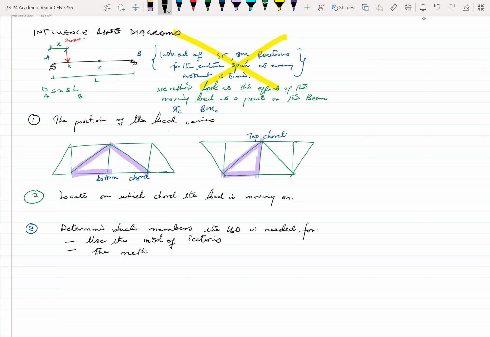Okay, it's up to you. But because we are looking at only a few members, the method of joints becomes important, or the most useful tool to go for. So I would advise that if you have forgotten some of these things, please go back and revise your lecture notes on that. All right.